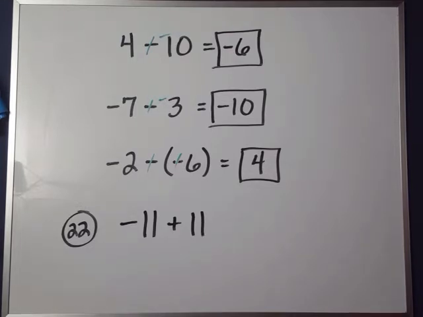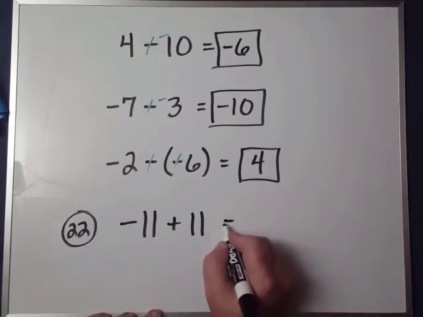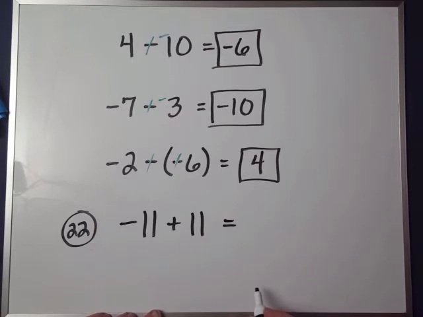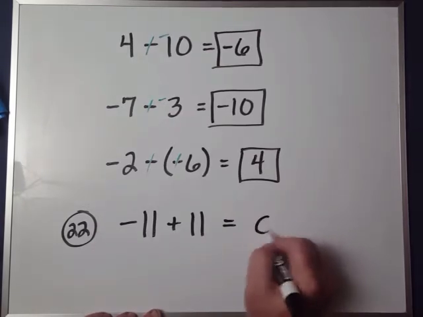She says find the sum, and that's fine because this is an addition, but a more generic instruction would be evaluate. Now here I'm adding two numbers of opposite sign, a negative plus a positive, and so I'm going to subtract their absolute values. 11 minus 11 is 0.